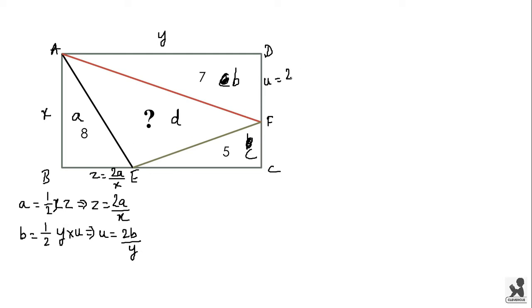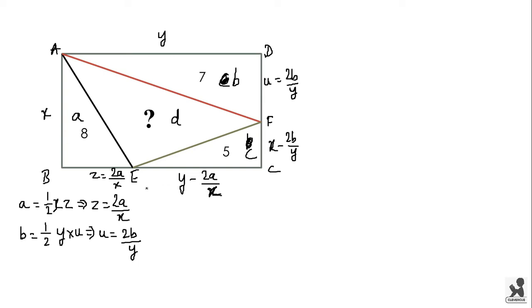Now the remaining length FC will be x minus 2b by y. Why? Because the length of DC is x and the length of DF is 2b by y. Now the length of EC will be y minus 2a by x.